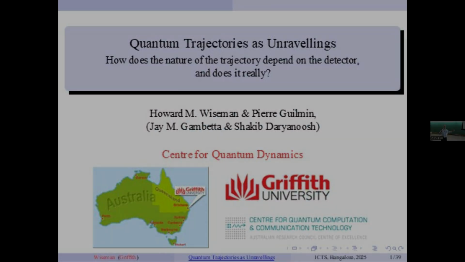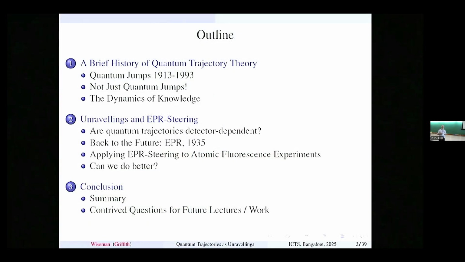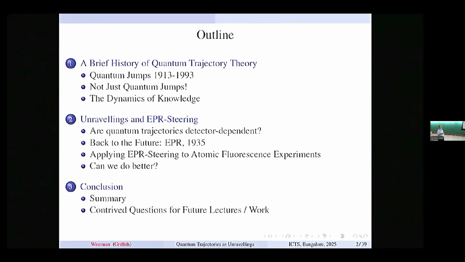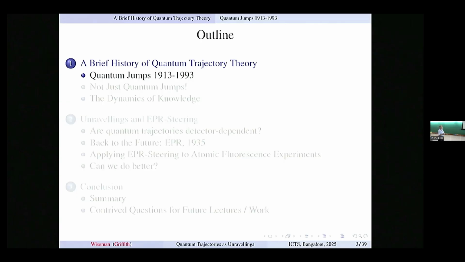Then part three, except for the very recent history that Pierre will talk about in here. And then the last third will be on this topic of unravellings and actually testing this detector-dependent property. Then I'll conclude.